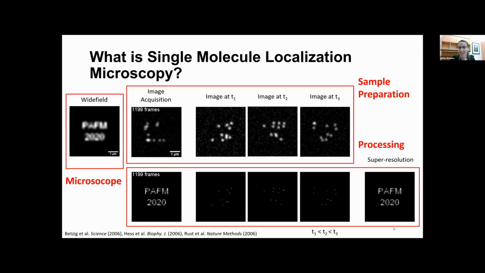And in the end, you also have to make sure that you process the data in the right way, because unfortunately, unlike in a normal wide field microscope, you don't only have one image, but you take thousands of images, and these need to be processed in the right way in order to create a super resolved image.